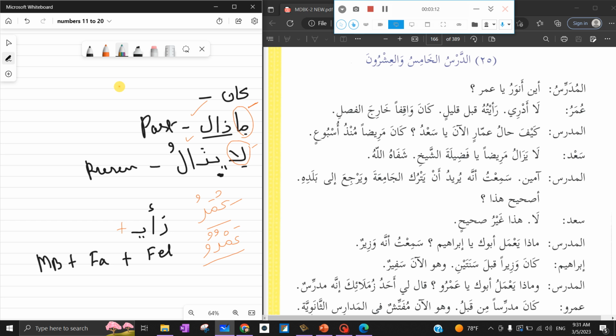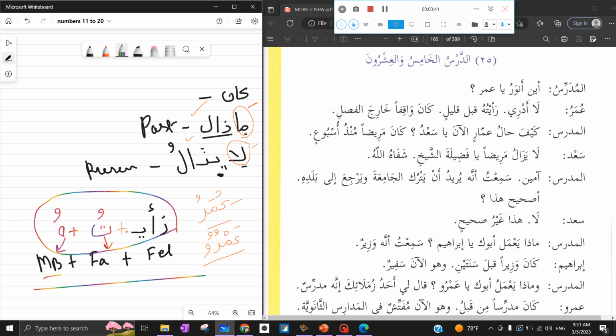The first damir is tu for ana, and the other damir is hu, for the maf'ul bihi. So the first damir falls in the place of fa'il, the second damir falls in the place of maf'ul bihi. And this in itself is a complete jumla fi'liya because we have all three.